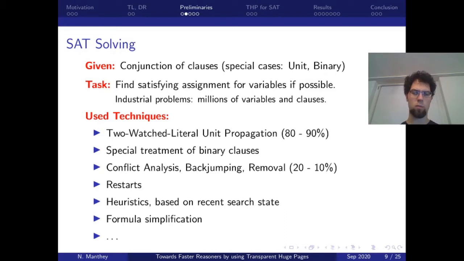SAT solvers, from an algorithmic point of view, do conflict analysis, add learned clauses, perform backjumping instead of backtracking, and also remove learned clauses again. They restart search, they have heuristics on how to search and where to search next, which depend on the recent search state, and they also have formula simplifications and many more small things that make them very efficient tools.